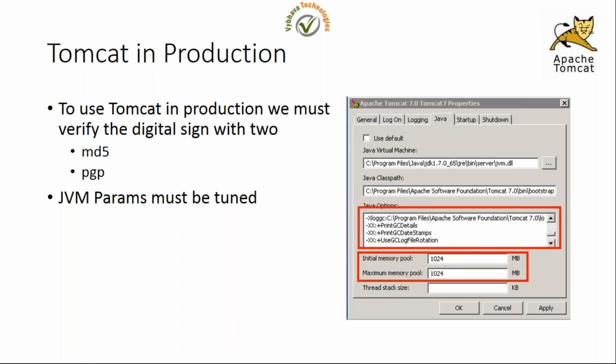We'll discuss every garbage collection line in detail when we come to the performance tuning part. Don't worry about this for now. But in production, it looks like this. We need to add these Java options.